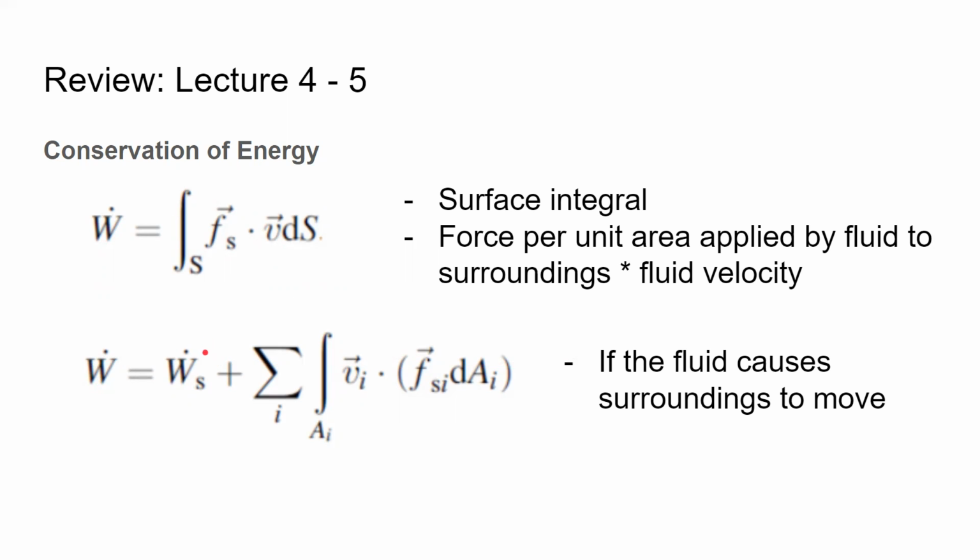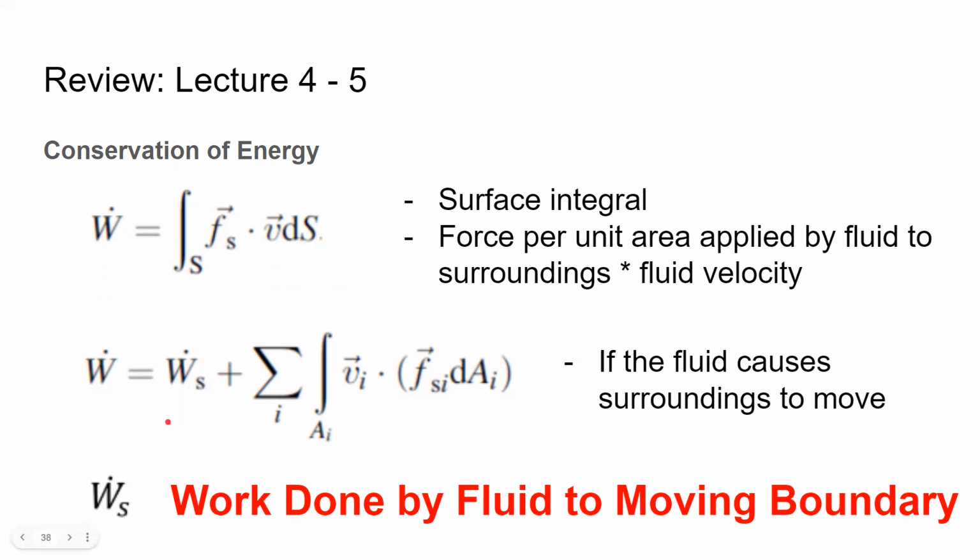And we'll also go into these two. So Ws dot is the rate of work done by the fluid to the moving boundary. It's also referred to as the shaft work rate. So that's defined by the S shaft. So this is the rate of work done by the fluid to the moving boundary, right?